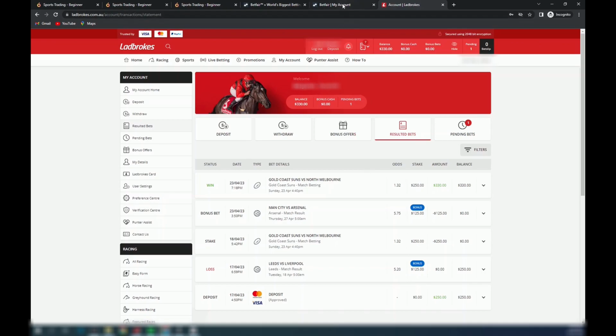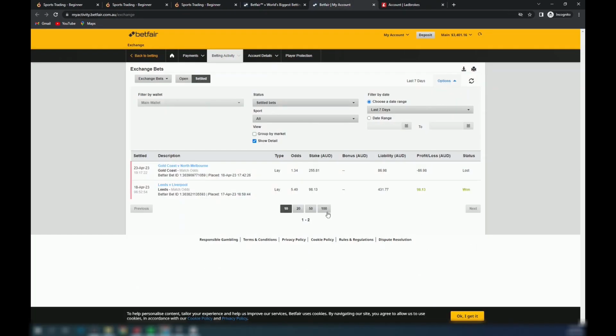So if we head over to Betfair and we see our Leeds versus Liverpool game, we've won $98.13. But remember, whenever you see this profit number here on your Betfair bets, that number is not accurate. It doesn't include the commission.